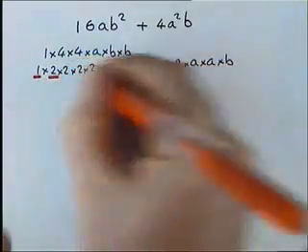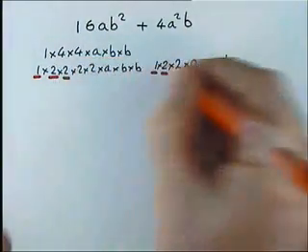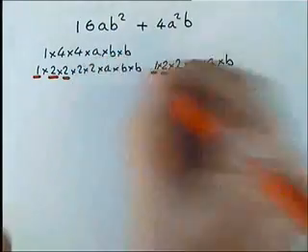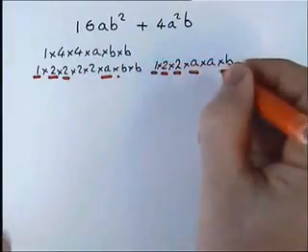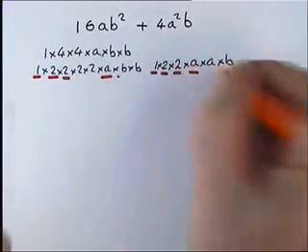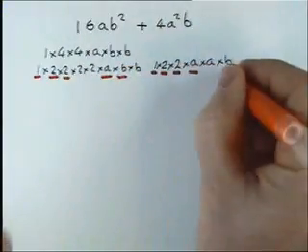So let's underline the things that are common. The 1 and a 2 there, look, another 2 there. Now there's no more 2s this side, an a there, there's no more a's this side, a b there.